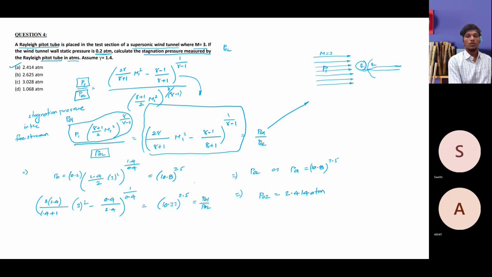Just as you have the ratio of P01 and P02, you also have the value of P01. Now you need to find P02, and it will come as 2.414 atmosphere.